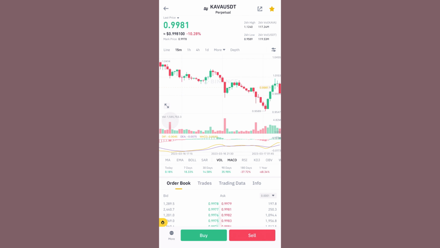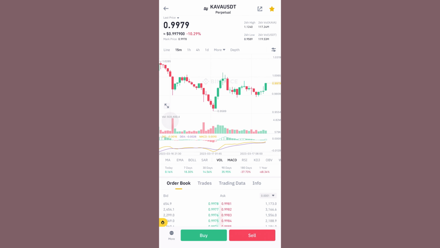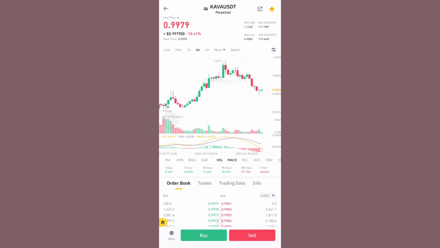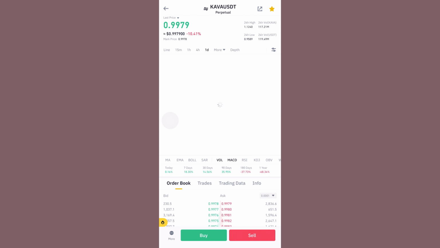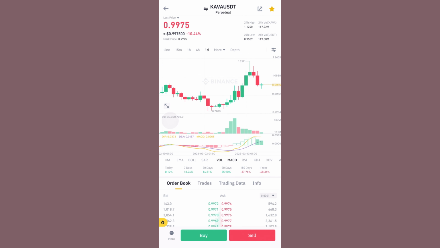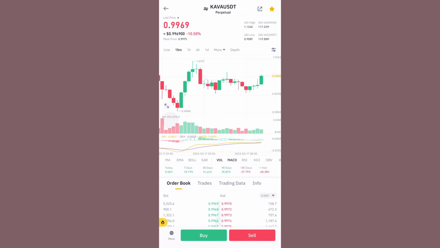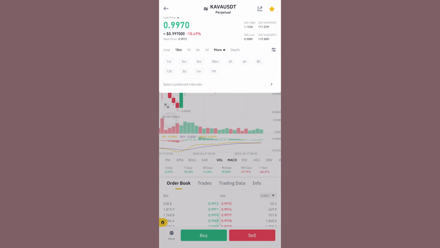This means every candlestick you see here represents 15 minutes. Okay, when you click on the 4 hours, see that the look has changed and every candlestick here represents the movement for 4 hours. This is for 1 day and the rest of them. Now let's go to 15 minutes. You can also come lesser to 5 minutes.